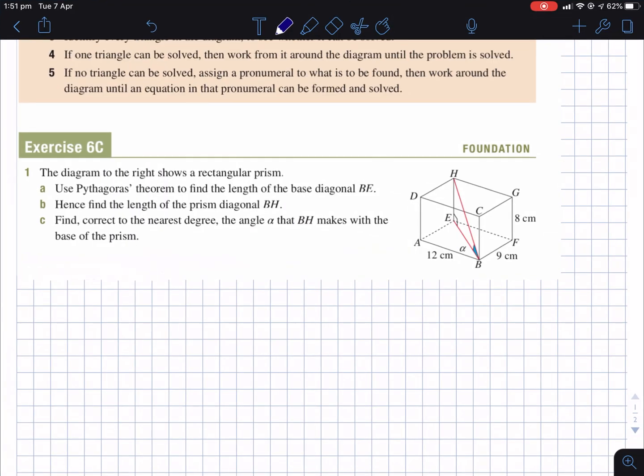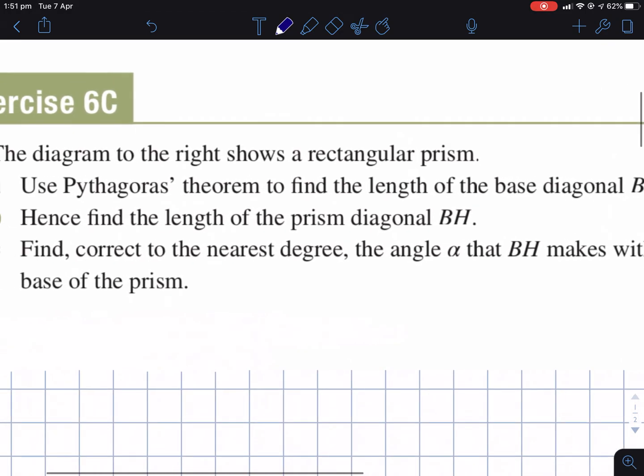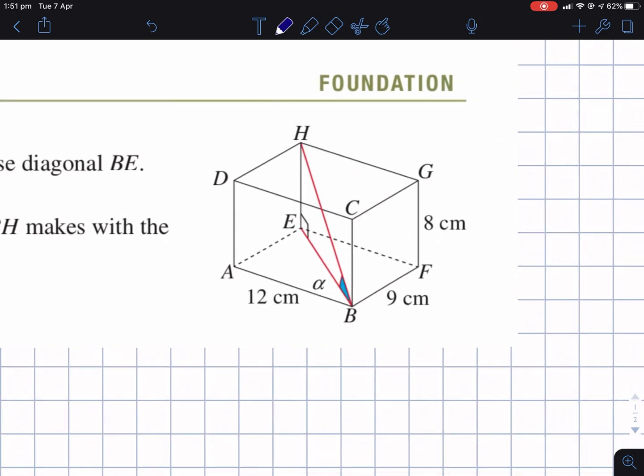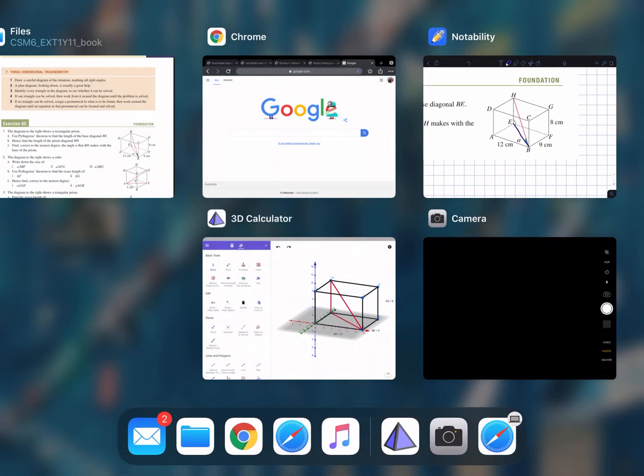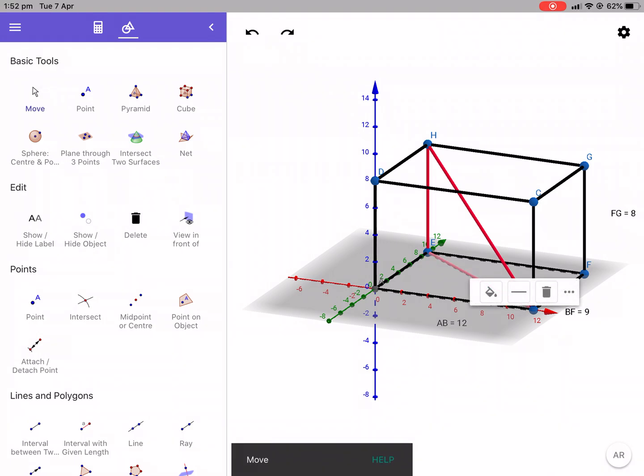For the first question, they've asked us to use Pythagoras' theorem to find the length of the base diagonal BE. So they want this length here. We're after the length BE, so let me select that line.